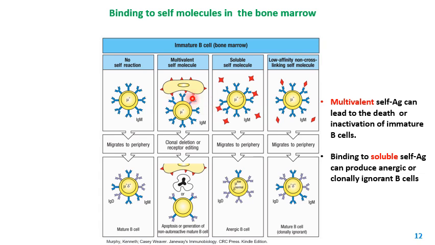Here it is easy to cross-link more, but here you are not really going to get good activation of your B cell with those soluble antigens. So the B cell is allowed to migrate, to come out of the bone marrow and go to the periphery, okay?